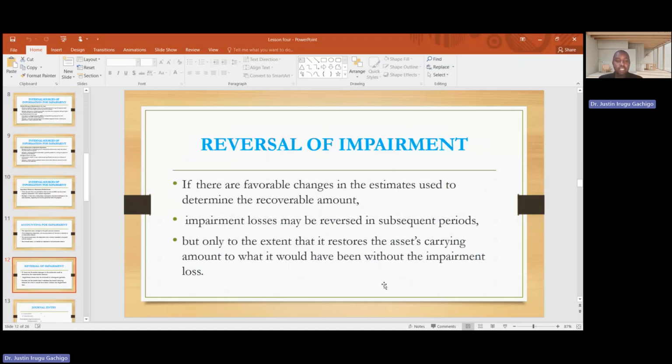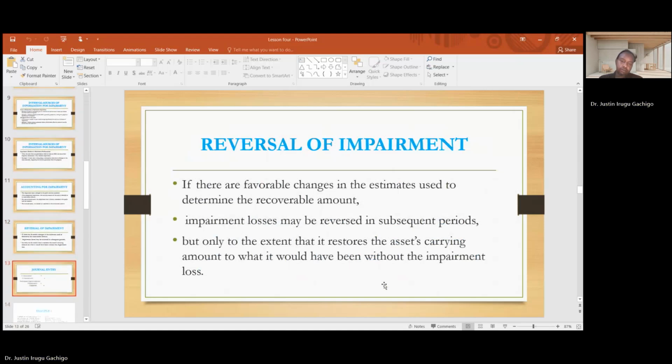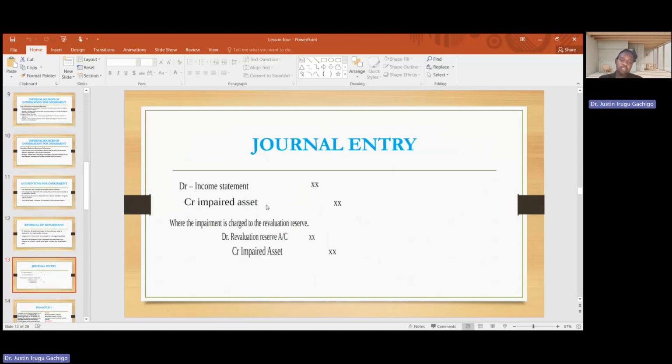So remember, we say that the carrying amount is cost minus accumulated depreciation. If the cost minus accumulated depreciation is 5,000, and for example the asset had been impaired 2,000, you cannot restore the asset past the 5,000. So these are the general entries.